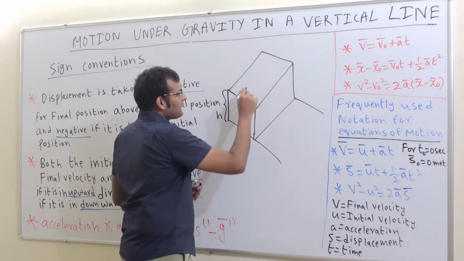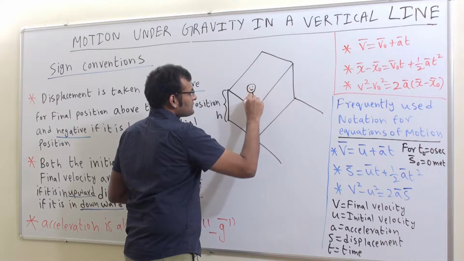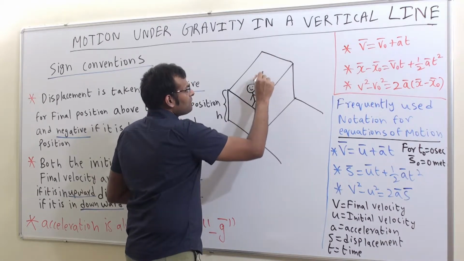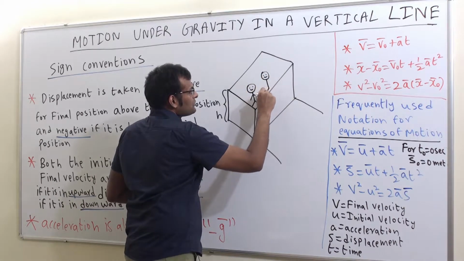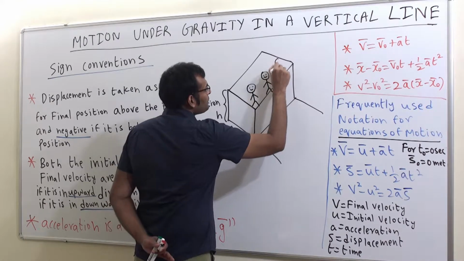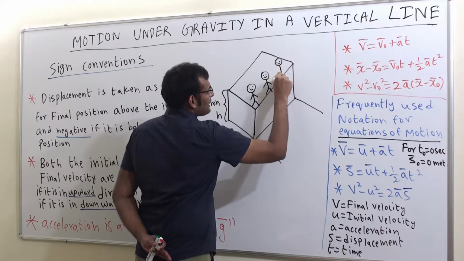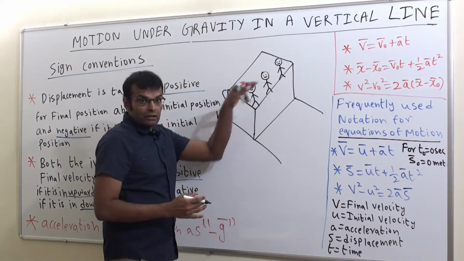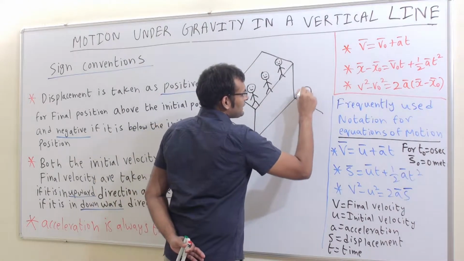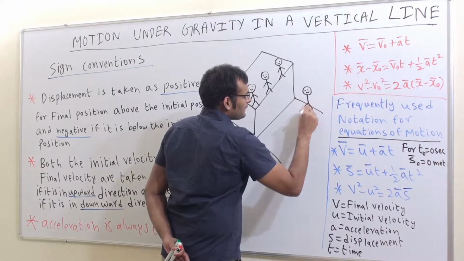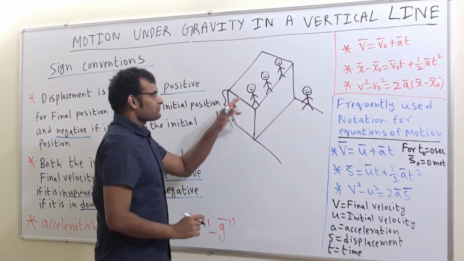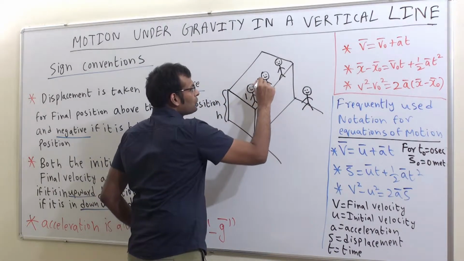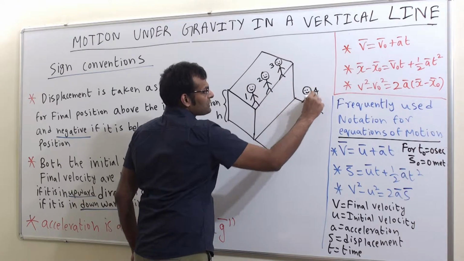And I have four persons. This is person 1 standing here, person 2 standing here, and person 3 standing on the wall. And there is one more person standing near the bottom of the wall. This is person 1, person 2, person 3, person 4.